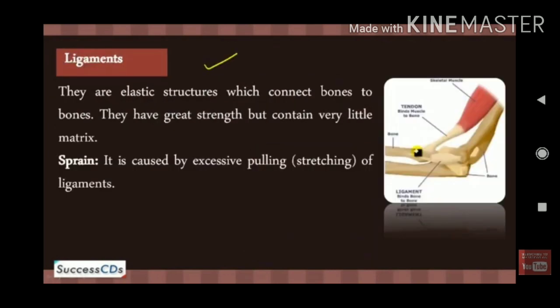The ligaments are highly elastic in nature. They are very strong, stronger than the tendons. These ligaments join bone to bone. They contain very little matrix.